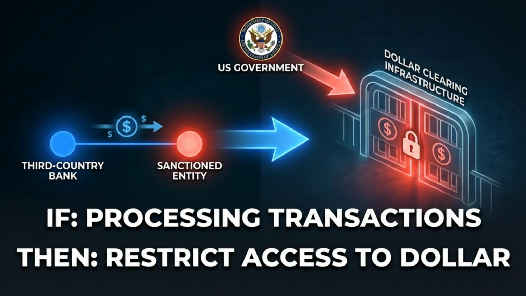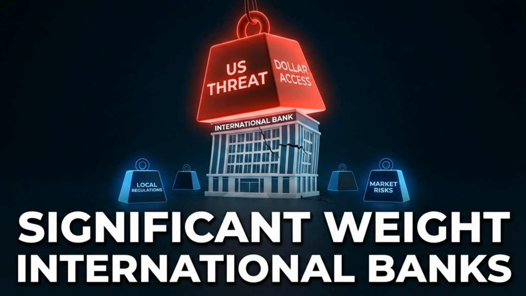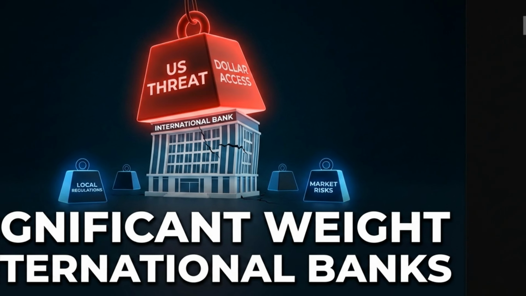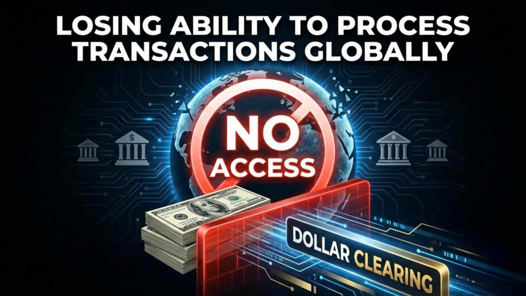If a third country bank continues processing transactions for a sanctioned entity, the US government threatens to restrict that bank's own access to dollar clearing infrastructure. For most international banks, this threat carries significant weight. Losing dollar clearing access would mean losing the ability to process dollar-denominated transactions globally, which for most major banks represents a substantial portion of their international business volume.